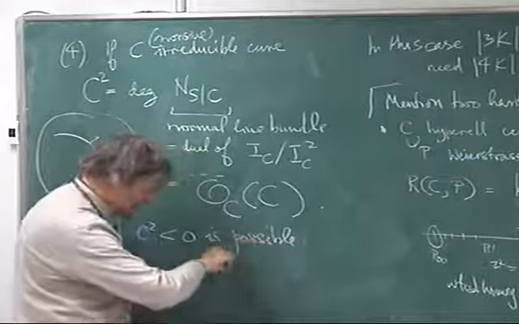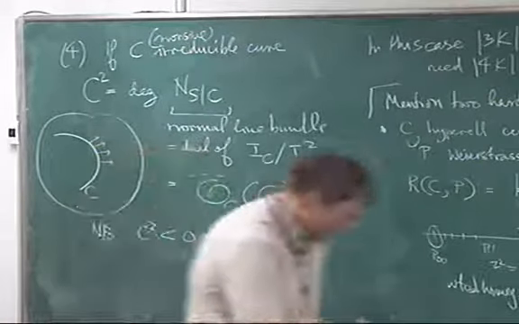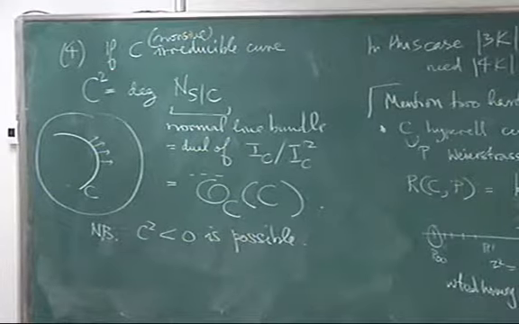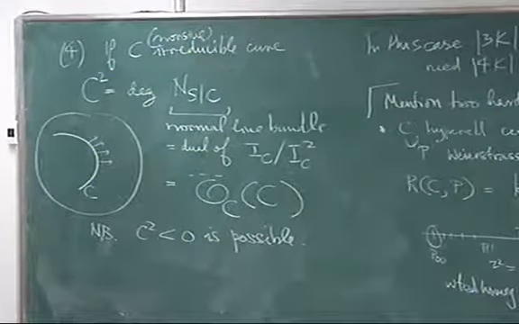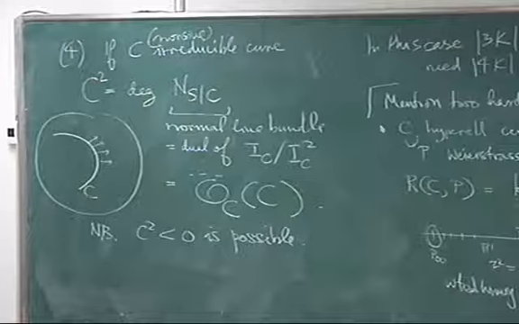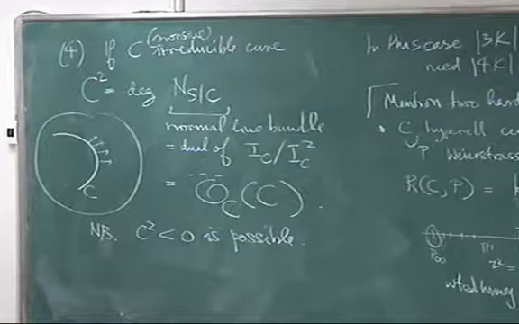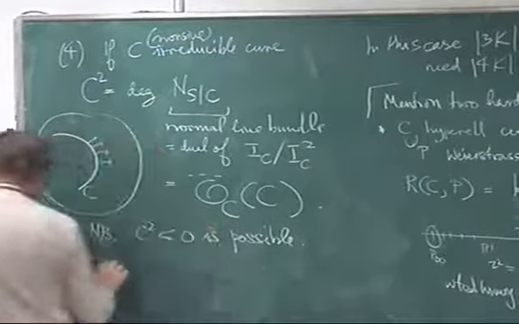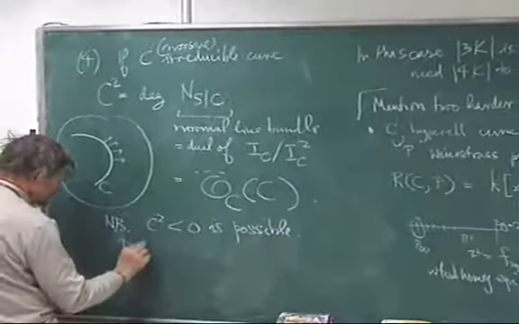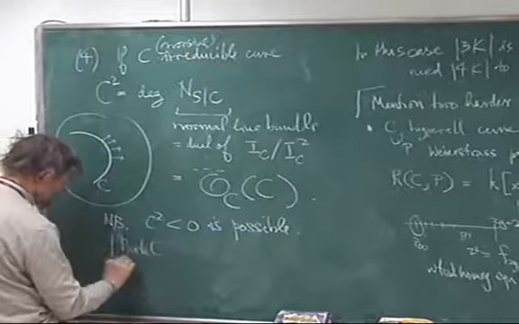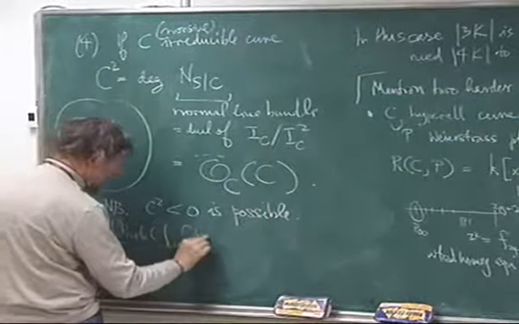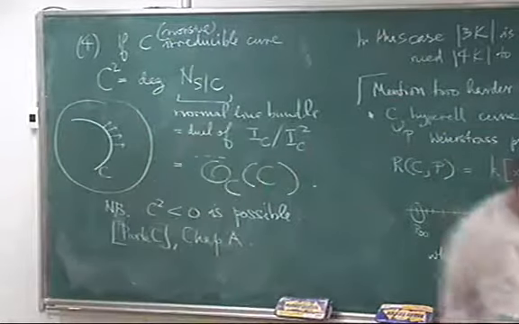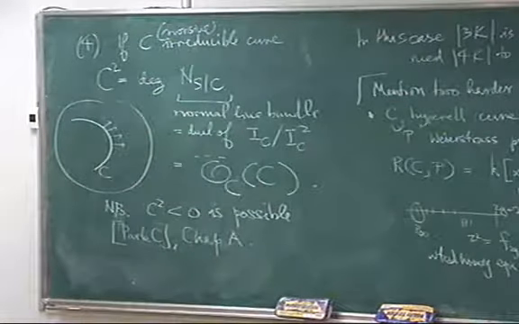And so this is something where you really have to do some examples and think about it before you really become convinced. Okay, so what I've said here is taken from my Park City Notes, Chapter A. And this goes on to give lots of examples and lots of calculations.